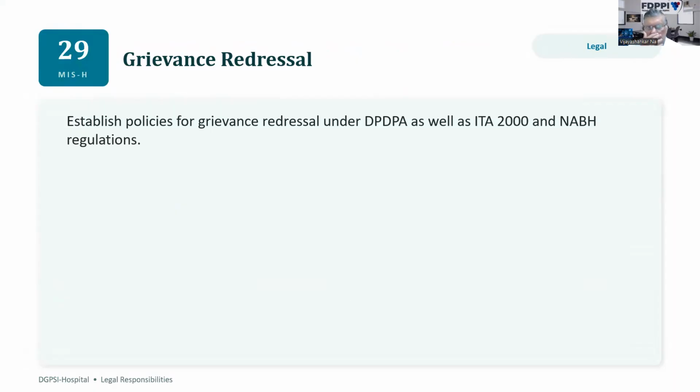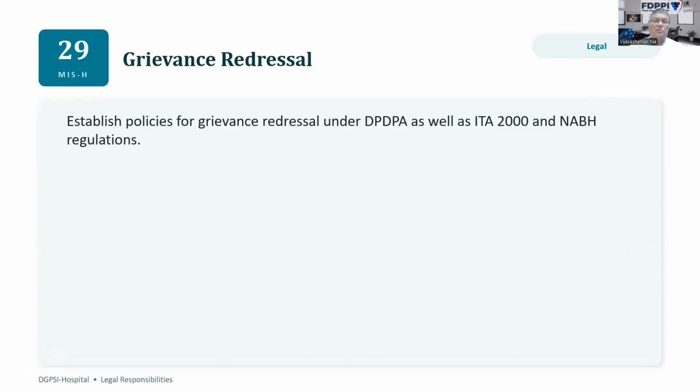The first one, of course, is the grievance redressal, which is part of the data principals rights management. Establish appropriate policies for grievance redressal. We should cover DPDPA as well as ITA 2000 and NABH regulations. It should cover not only the complaints handling at the technical help center level, but the next DPO level.